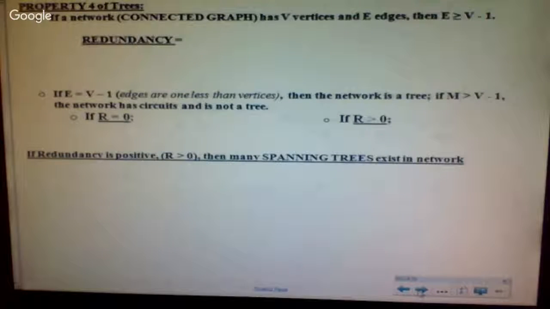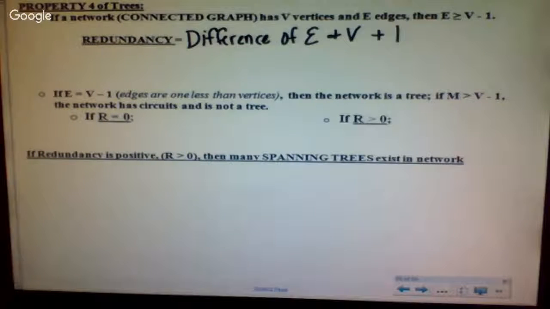Okay, this leads me to property number 4, which is calculating redundancy. This equation will tell you every time if you have a tree or not. Redundancy equals the difference of edges and vertices plus 1.